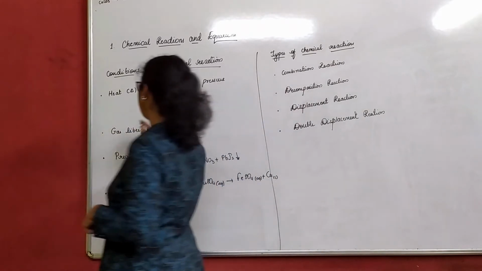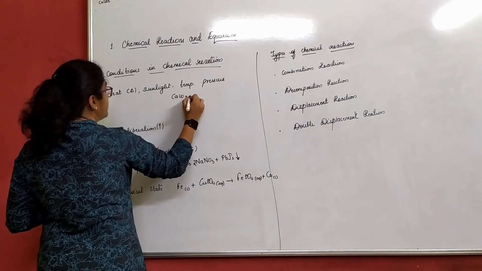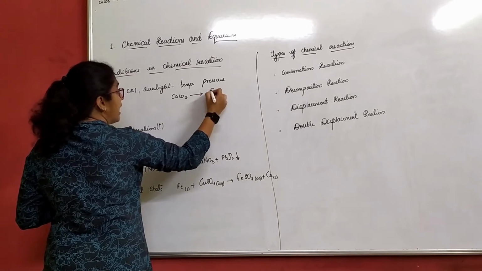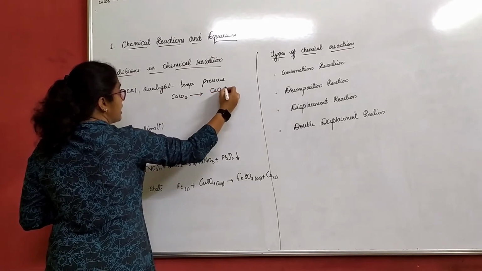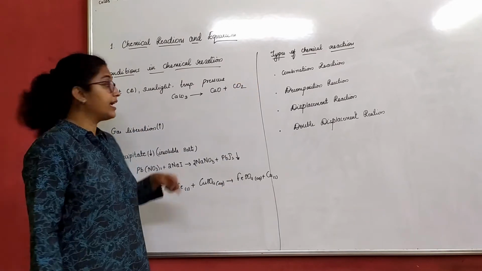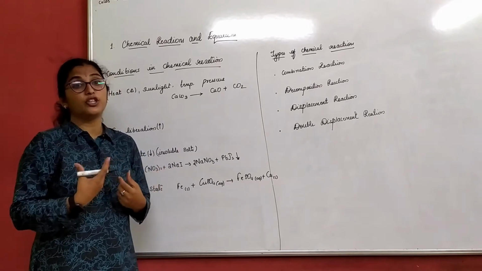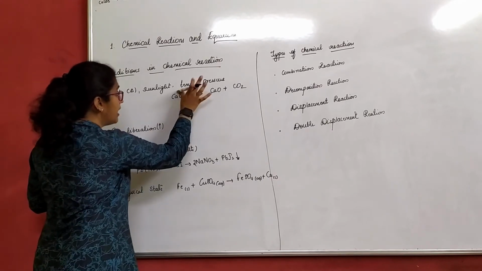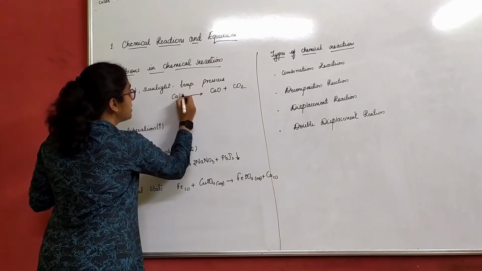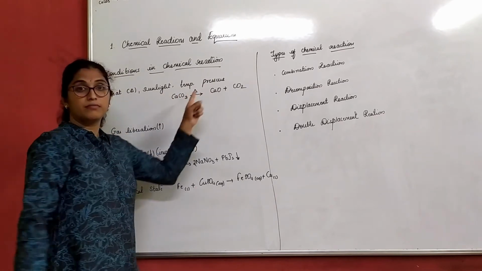Now for example, if I heat calcium carbonate, I get calcium oxide, and carbon dioxide gas is released. That means I have to apply heat on calcium carbonate, CaCO3, where C is capital, O is capital. I can put a symbol here.